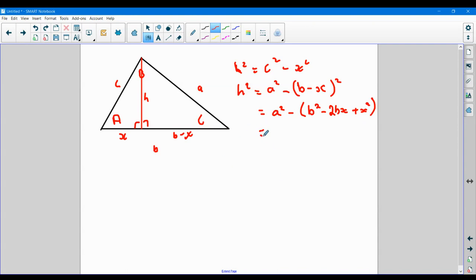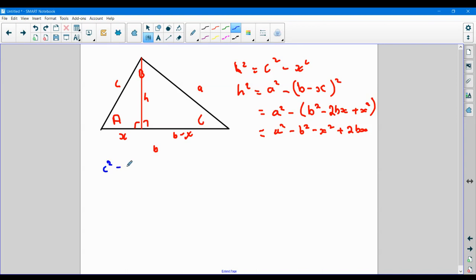And if we just tidy that up, we get a squared equals b squared minus x squared plus 2bx. Now we've got two equations that both start with h squared, so we're going to make these the same. So I'm going to start with the c squared minus x squared. Let's do this in blue, so we've got a different part of the equation.